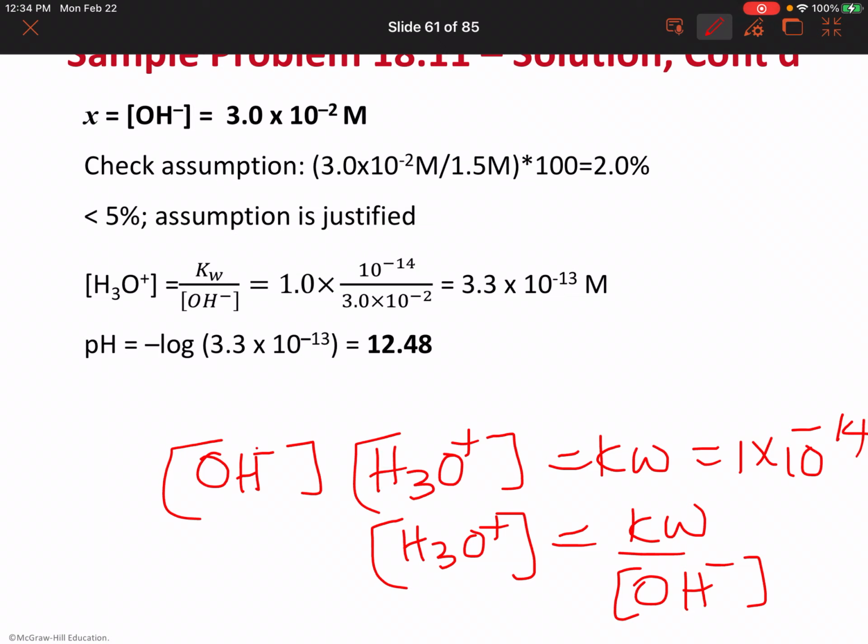Kw is 1 × 10^-14, hydroxide is 3 × 10^-2. So you can find the hydronium ion concentration, and then the pH is going to be the negative log of this. So you can find out the pH. So that's how you find the pH of a weak base. Okay, so let's stop here.